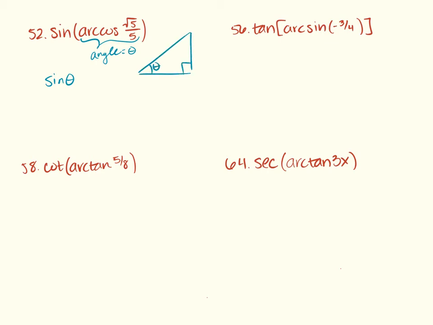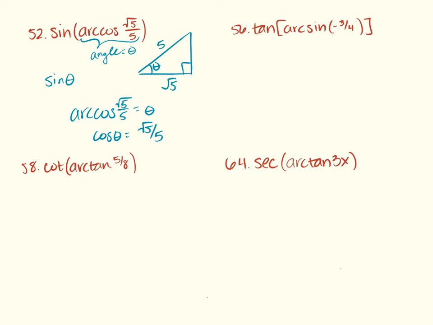Theta, right angle. Okay, and they tell us that arc cosine is square root 5 over 5. So what that tells us is that cosine of theta is equal to square root 5 over 5, right? So that means that our adjacent side is square root 5 and our hypotenuse is 5.